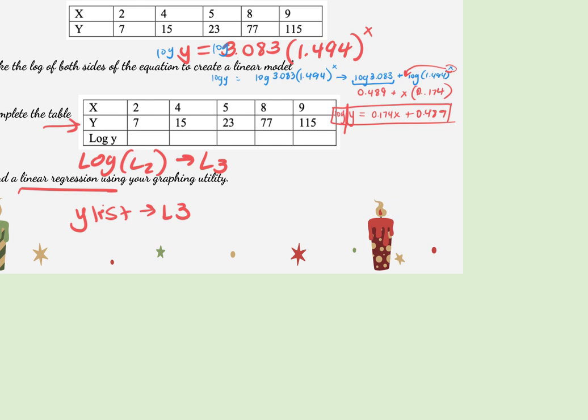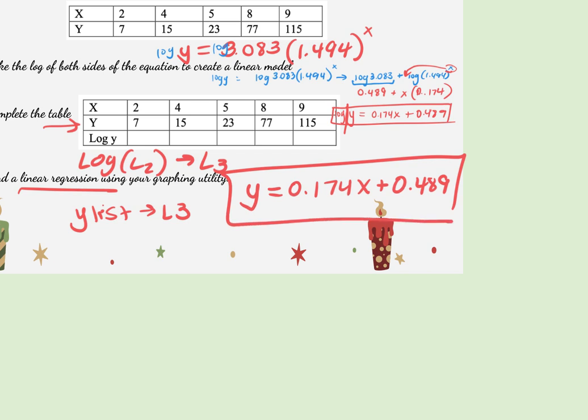And calculate: y equals 0.174x plus 0.489. It might even be a little off, but it should be pretty close. We got it exact. It might be a little off when we round the logs at the beginning, but if not, it should be pretty close.